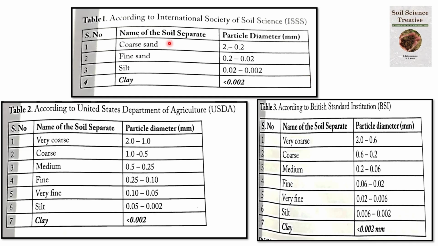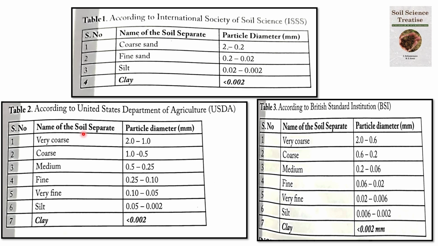I took this table from a soil science treatise. You have to study this table, like ISSS and USDA. This classification is very important. In all these classifications, you can see clay is less than 0.02 millimeter.